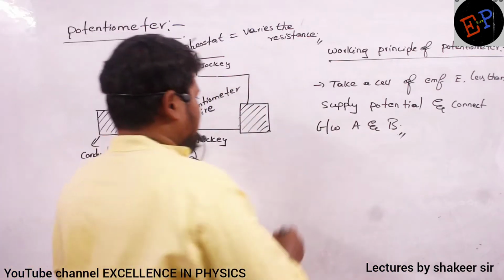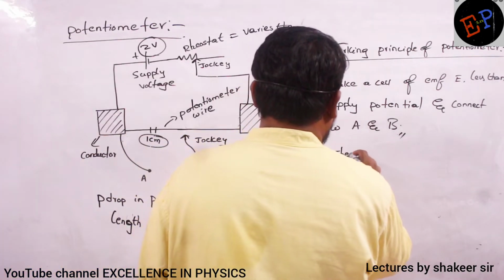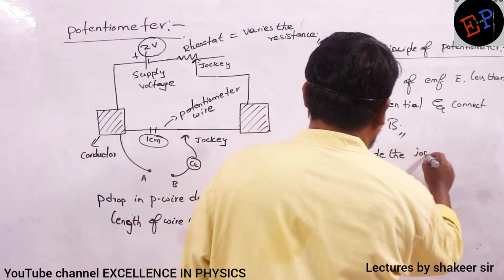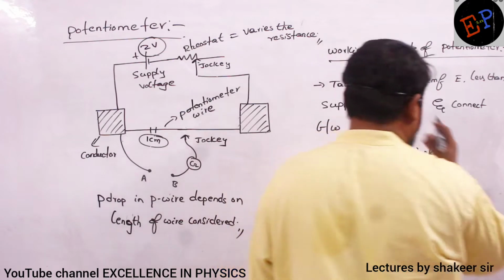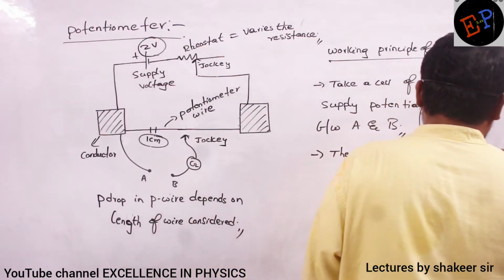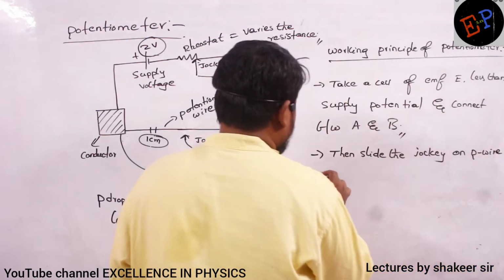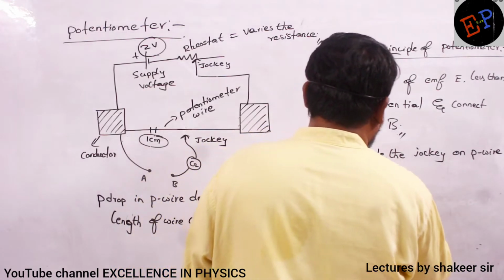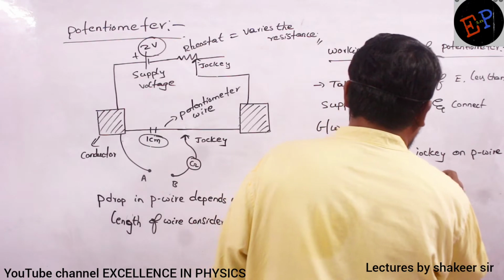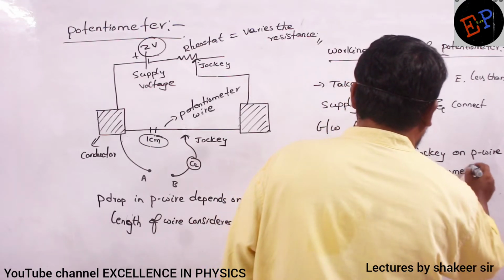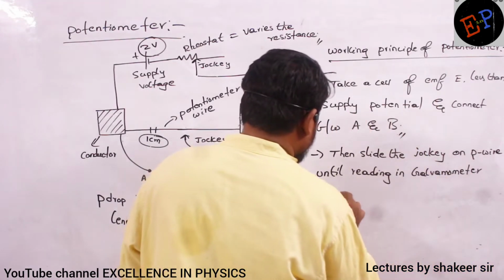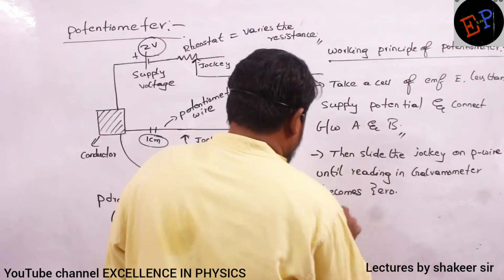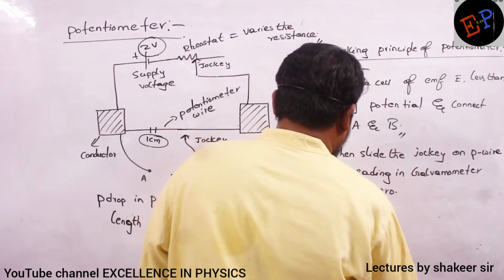Then slide the jockey on the potentiometer wire until the reading in the galvanometer becomes 0.